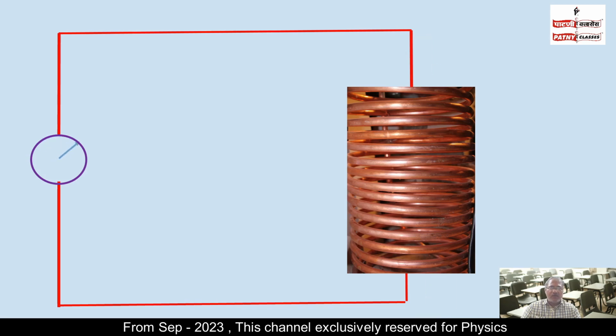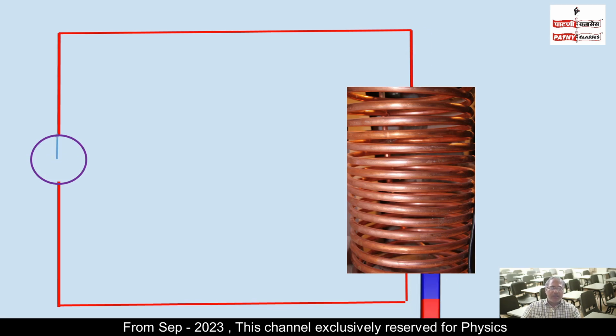So according to Faraday, whenever a magnet is moving near the coil, inside the coil or outside the coil, moving with respect to the coil, then an EMF is always produced in the coil. The EMF produced due to the motion of the magnet is called induced EMF.